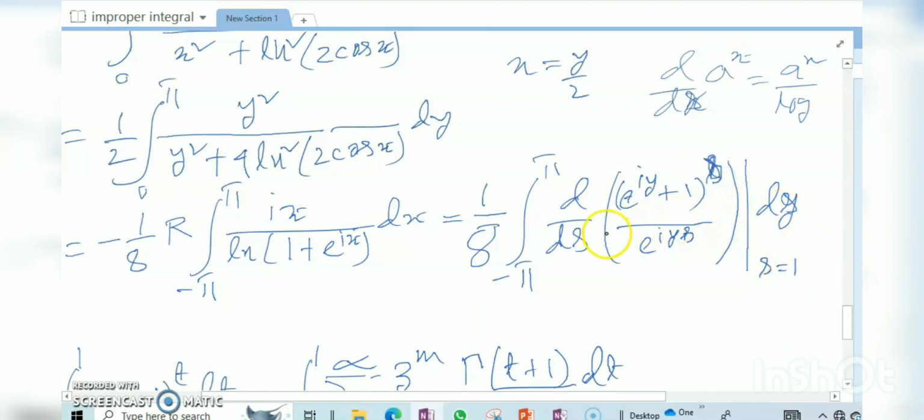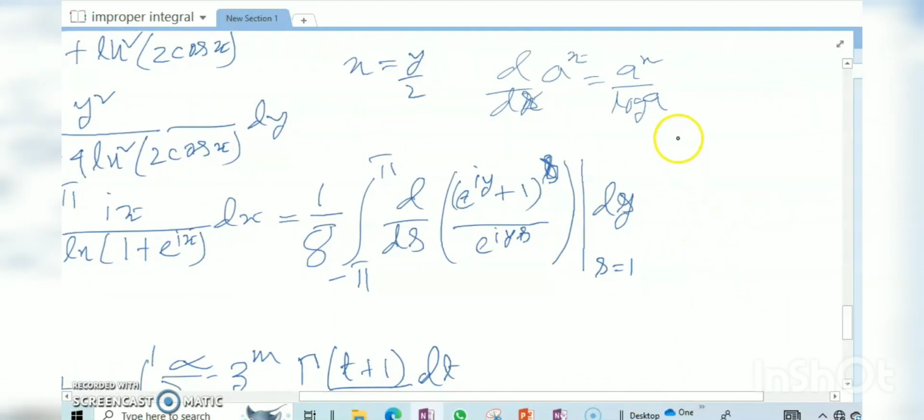So when I divide log a to the power x, d/dx of a to the power x divided by log a. No, sorry, it is log a. Log a is multiplied.